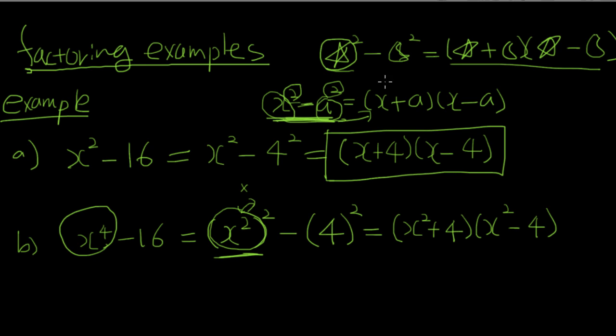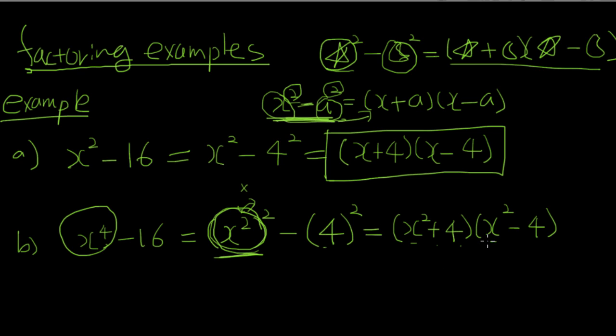Minus 4 works as our moon. So whatever we have, which is x squared, plus the second term 4, and whatever we have, x squared, minus the second term 4 again. Well, we would finish our answer here.